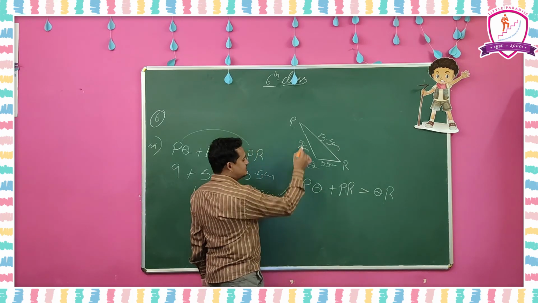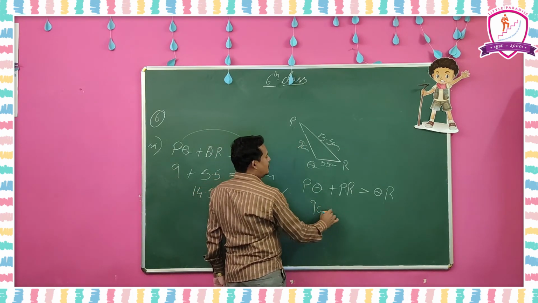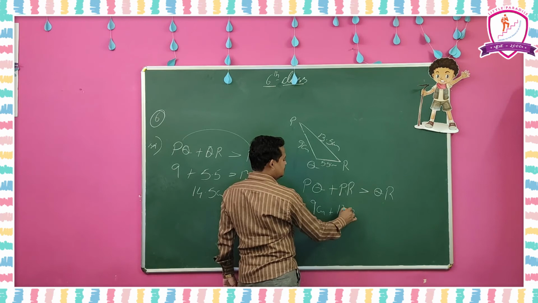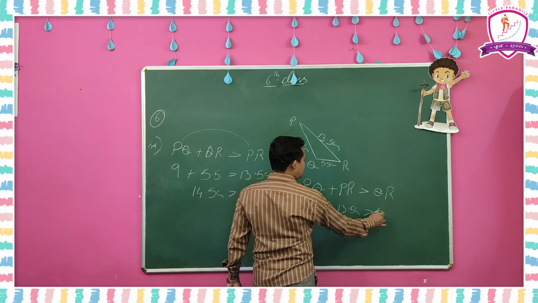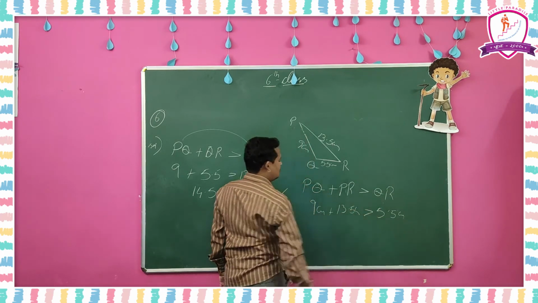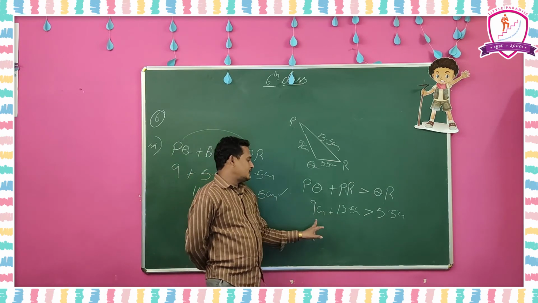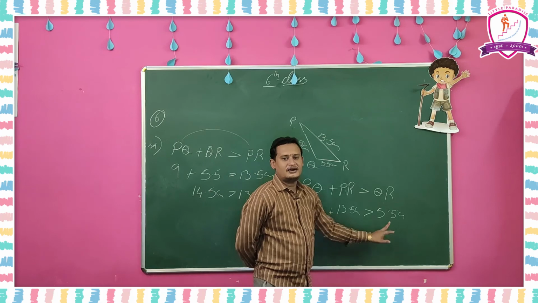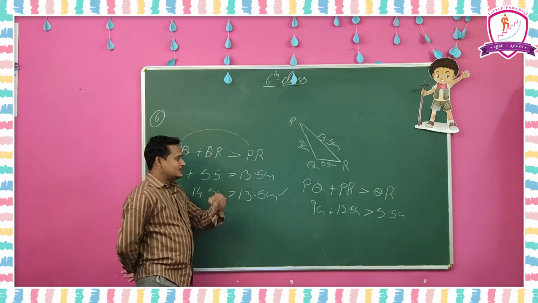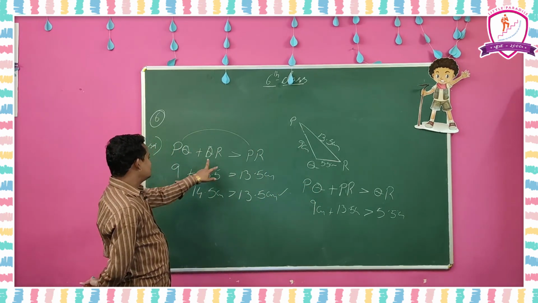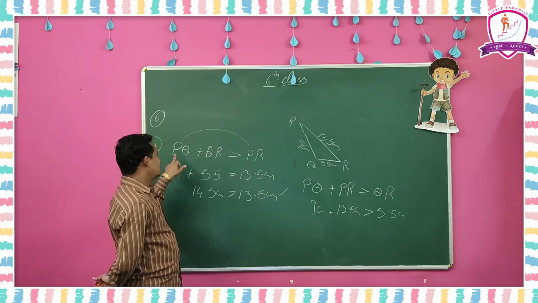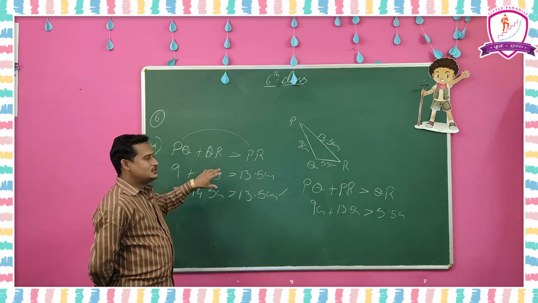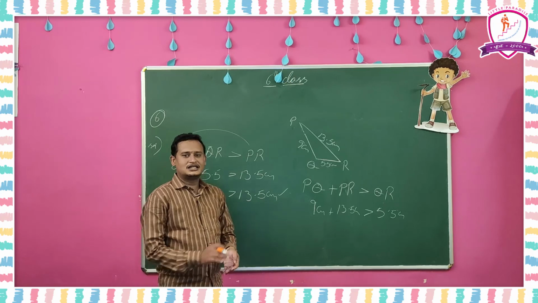So, the PQ value is 9 centimeters and PR is 13.5 centimeters, and the sum must be greater than 5.5 centimeters. When we add these two, we get 22.5 centimeters, and 22.5 centimeters is greater than 5.5. Like that, you also have to check the other two: QR plus PR is greater than PQ. Understood? Like that you have to complete the sixth one.